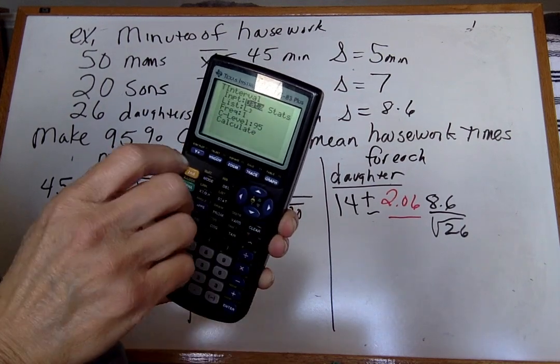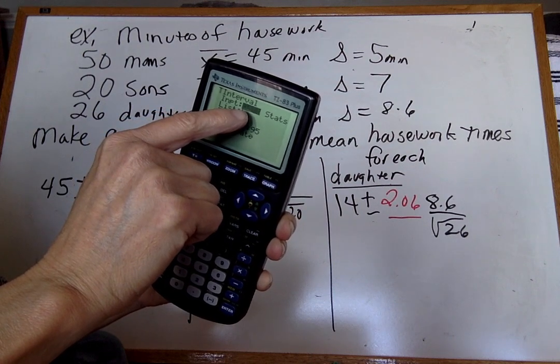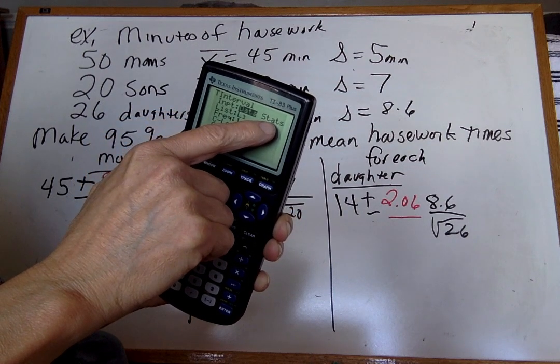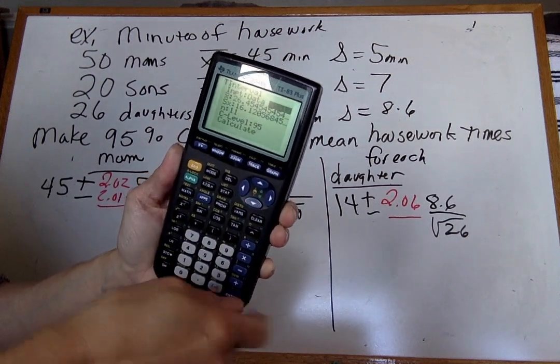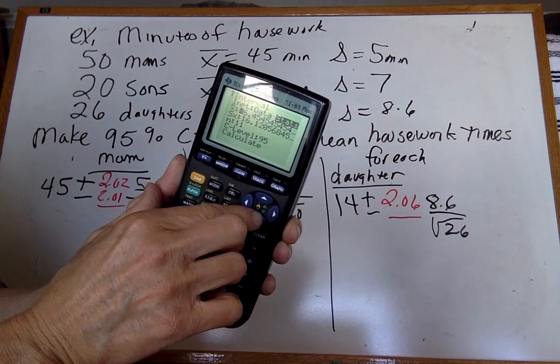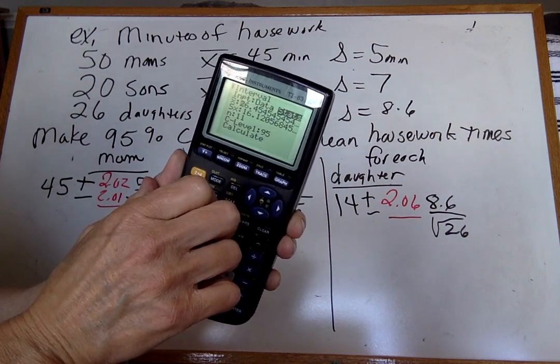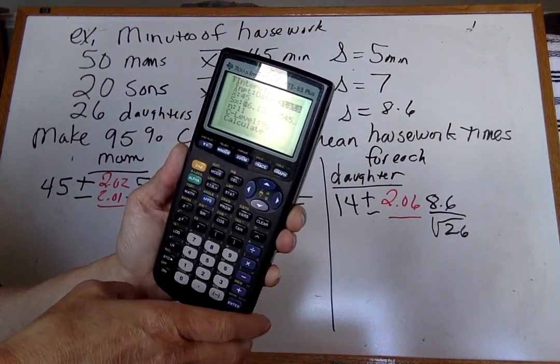Hit enter. Now it says input. We did not type in data into L1. You want to make sure you go over to stats. Move over. You have to hit enter. Then the whole screen will change. It is asking you, what is X bar? We're going to do the moms together. It's 45. What is S?